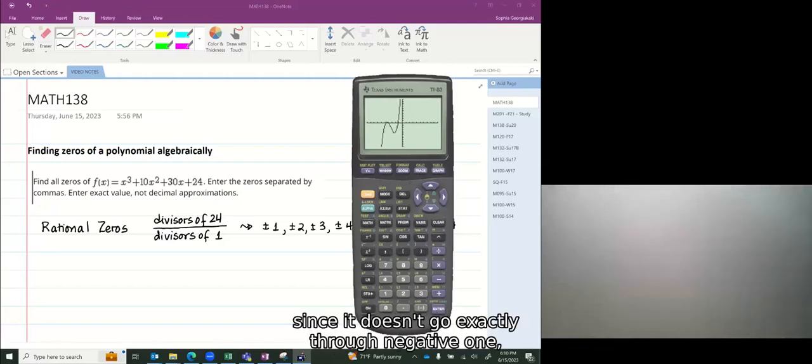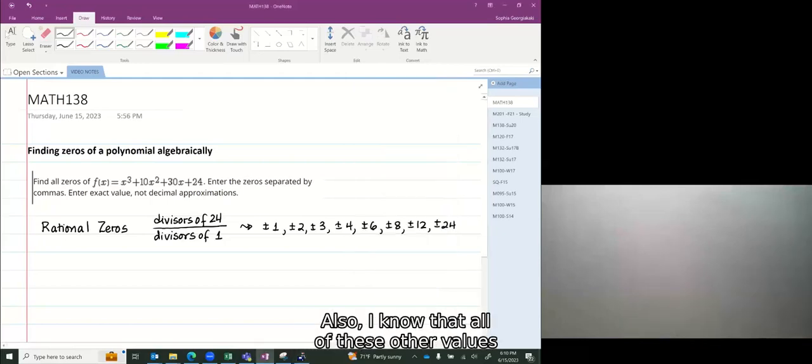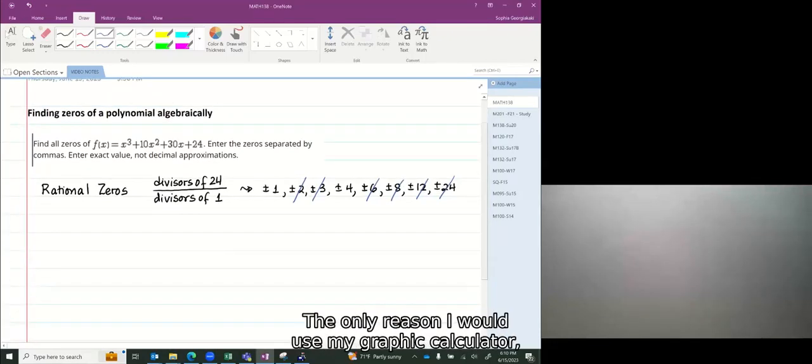Since it doesn't go exactly through negative 1, I know that negative 1 is not a rational zero. Also, I know that all of these other values are not the rational zeros, and I will try negative 4 as my first guess.